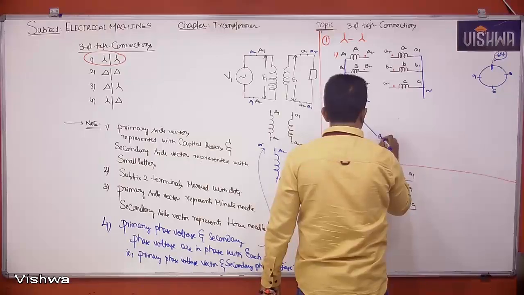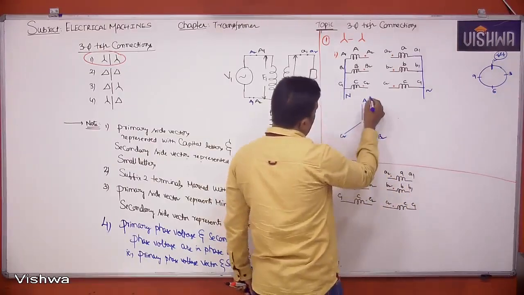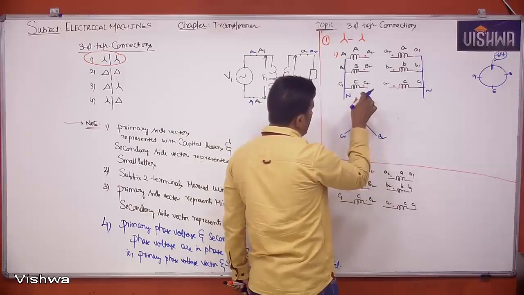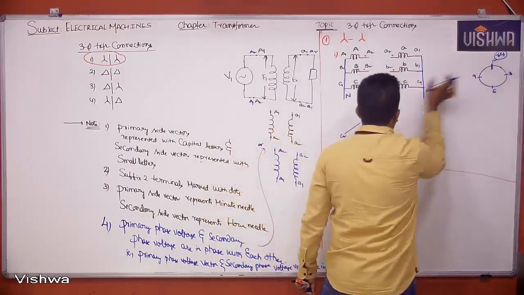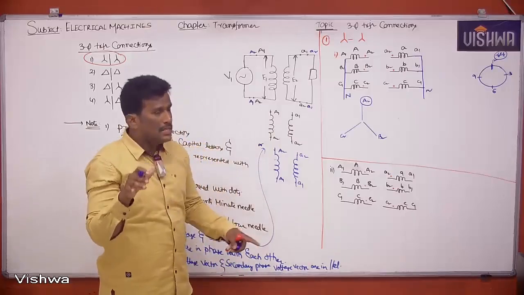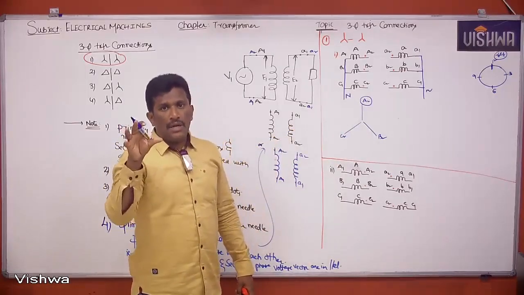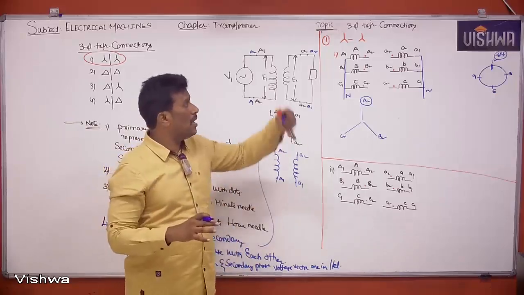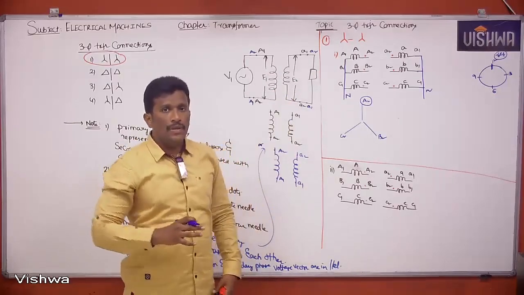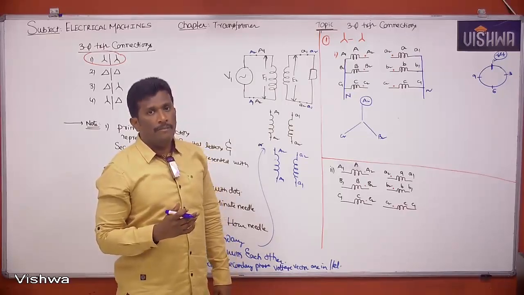I kept A2 at the 12 o'clock place. That means A2 is the reference for us, so the A terminals are the reference. We have to compare small a with capital A. Then you'll get the angle between the secondary line voltage and the primary line voltage.